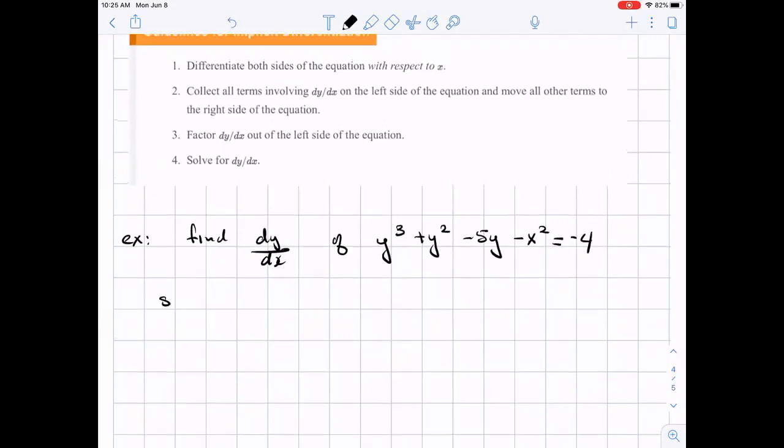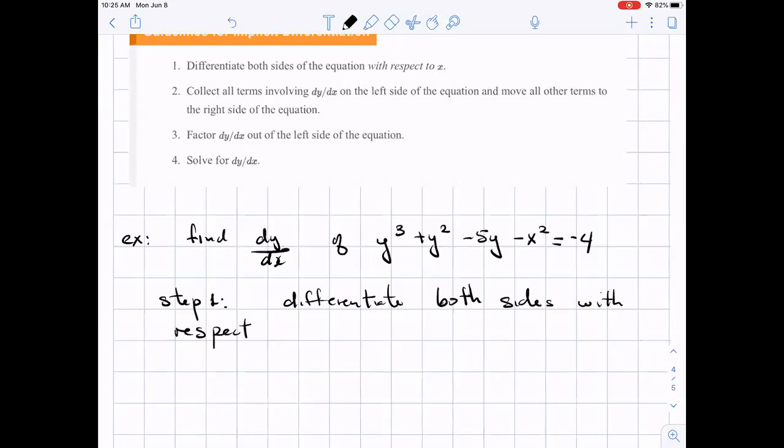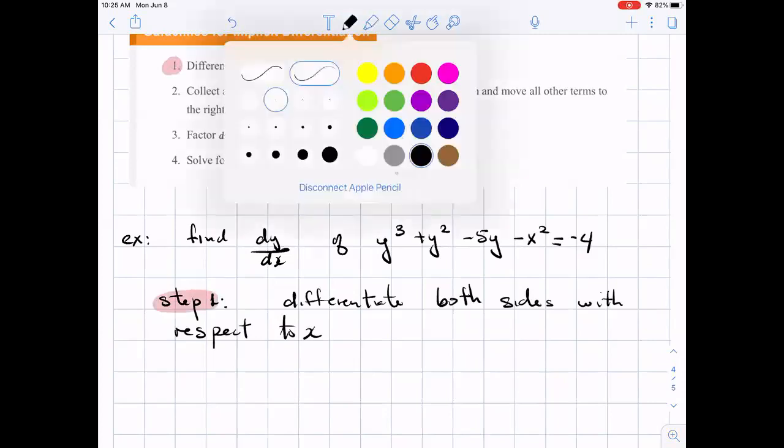First rule, step 1, differentiate both sides, with respect to x. So what we're doing, this here is step 1. What does that really mean?